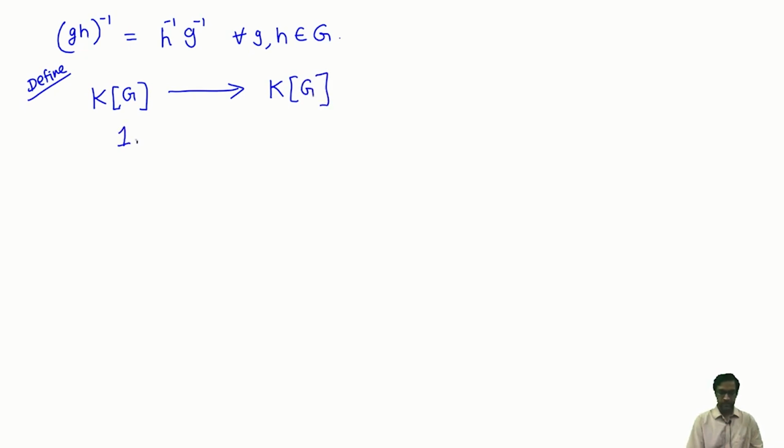We take the basis element 1g to the basis element 1 sub g inverse, okay, for all g in G. Of course, if I define it on the basis, on a general element, it's defined just as a linear combination, right? So summation Cg 1g, therefore what I mean is that the map does the following.